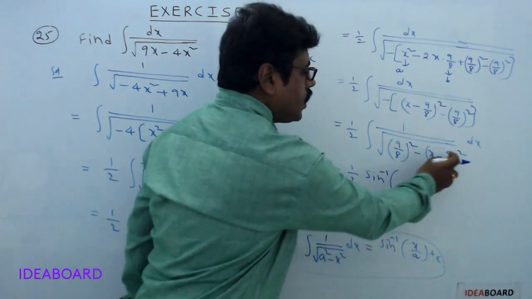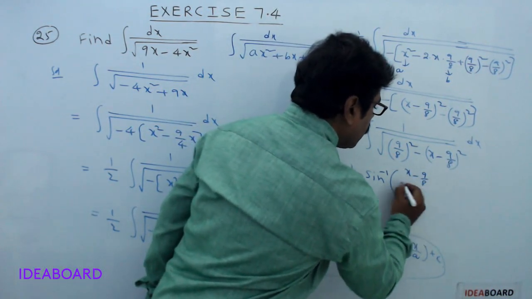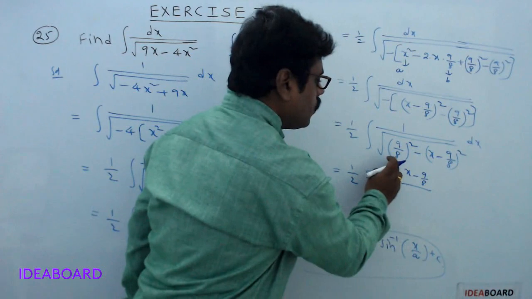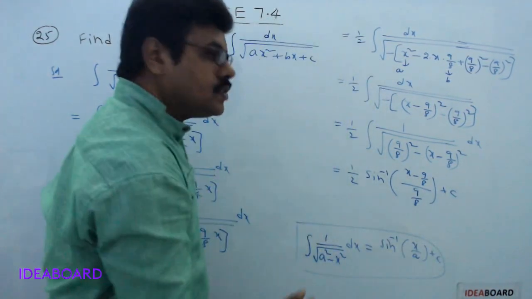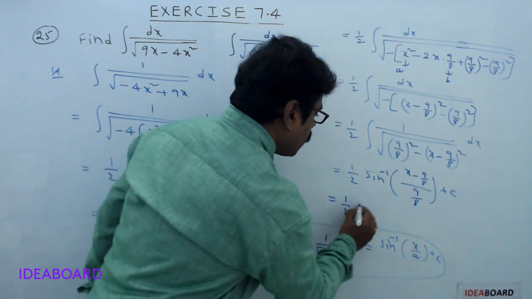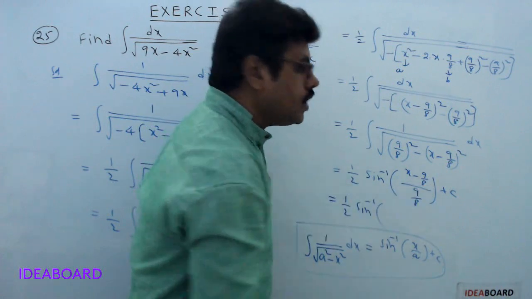x. Here what is our x value? x minus 9 by 8, divided by a. What is a value? 9 by 8, plus some constant c. So finally it will be 1 by 2 into sine inverse of, here LCM is 8.